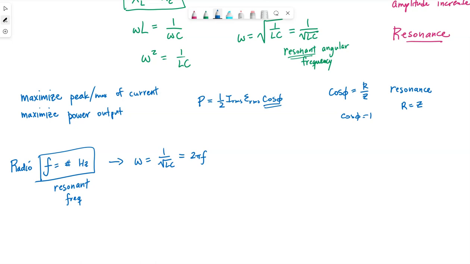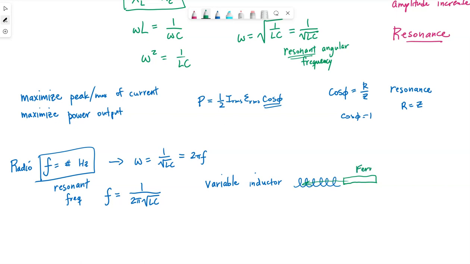So in your radio, if you change the station and want to listen to a different station, you're changing either L or C. It depends upon how the circuit is constructed. You could have a variable inductor. An example would be a coil, and then some sort of ferromagnetic material that you can slide into the core here.